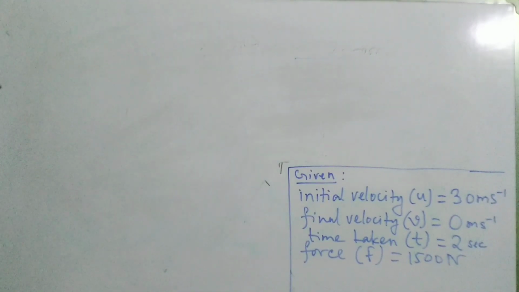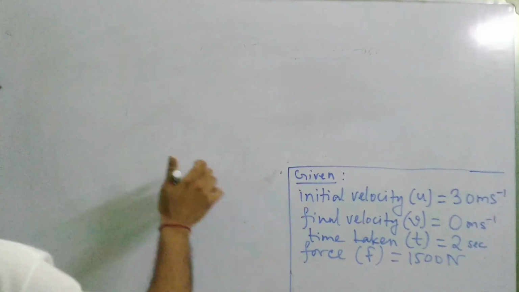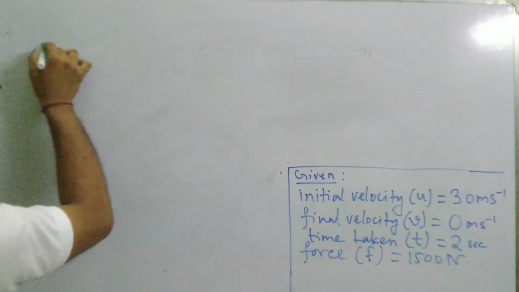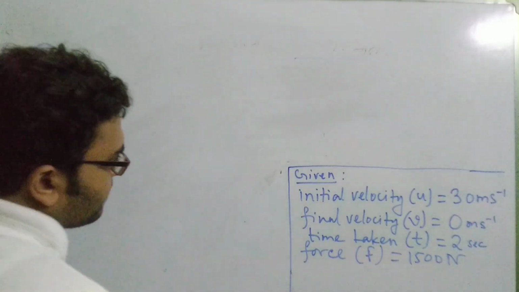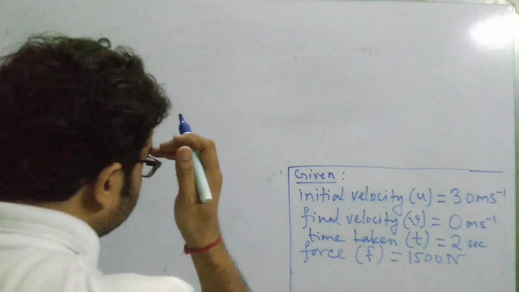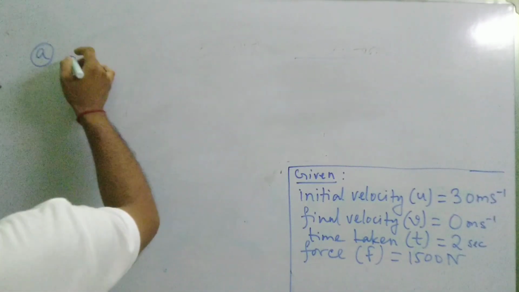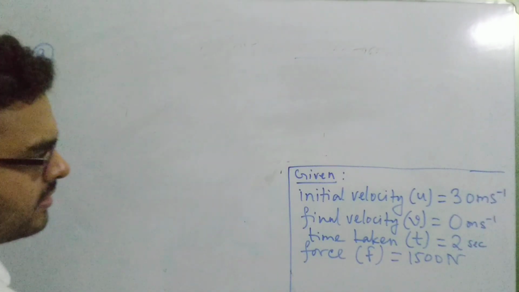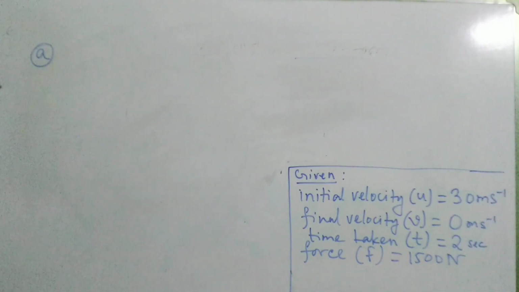So the first thing that we need to do is to find out the change in momentum. So part A. Basically momentum means mass multiplied by velocity. Initially the car was moving, so it had some velocity. Can I write that initial momentum is mass times initial velocity? But for that you need to know the mass, and the mass is not given.